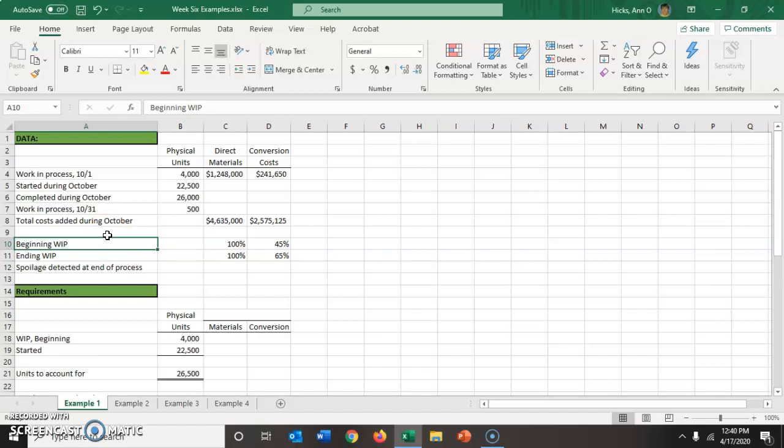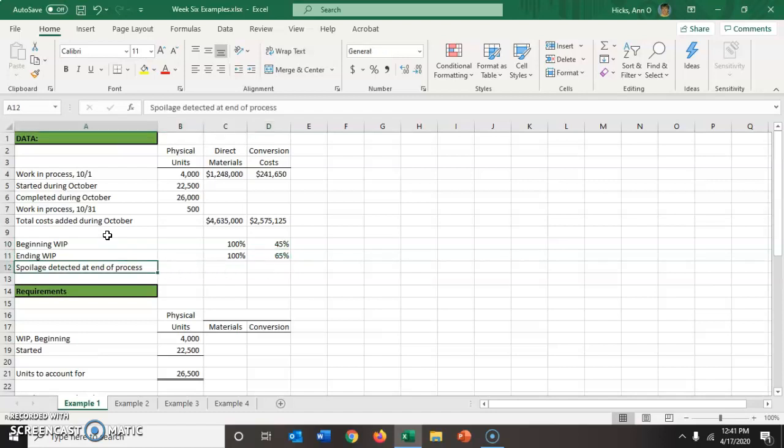Now, what we need to know in order to be able to calculate equivalent units is where we are in terms of completion. Well, what we're assuming with direct materials is that they are all added at the beginning of the process. So for both beginning WIP and ending WIP, we are 100% complete with direct materials. For conversion costs, we are assuming beginning WIP, we are 45% complete, but ending WIP, we are 65% complete.